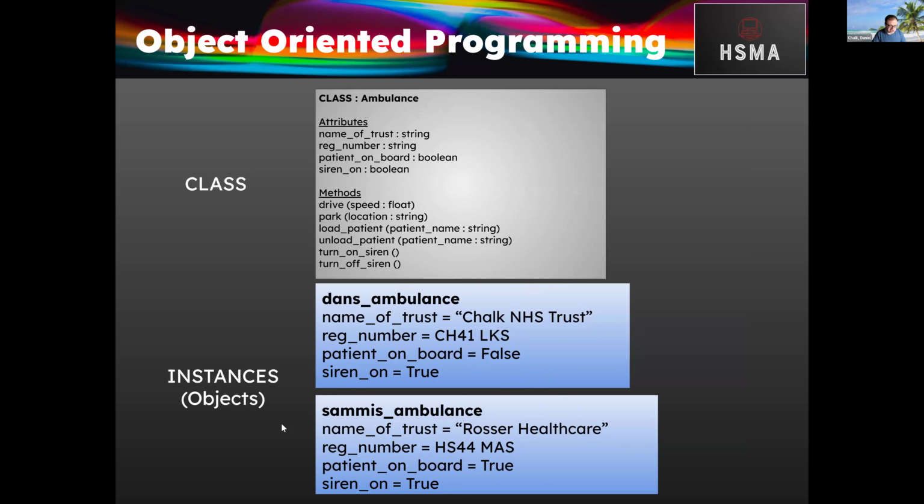Here I've created two instances of the ambulance class: Dan's ambulance and Sammy's ambulance. Dan's ambulance has a trust name, Chalk NHS Trust, and this registration number, doesn't have a patient on board, but the siren's going off. Sammy's ambulance has a different trust name because it's a different object, completely separate. So she can have her own trust name and registration number. In this case, there is a patient on board and her siren is going off like mine.